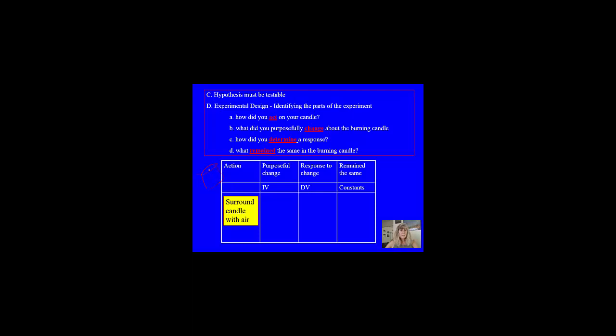If I flip it over a candle, then we're really asking ourselves, I observed that when I flipped the beaker over, something happened. Let's design an experiment around that. How did you act on the candle? That's really your observation.